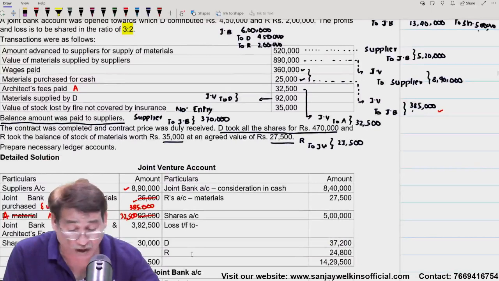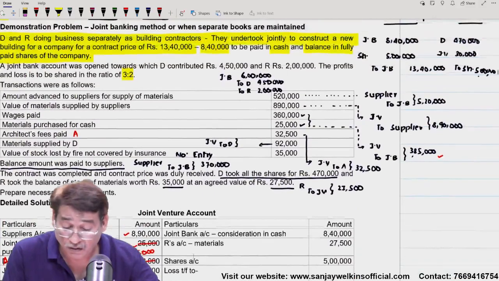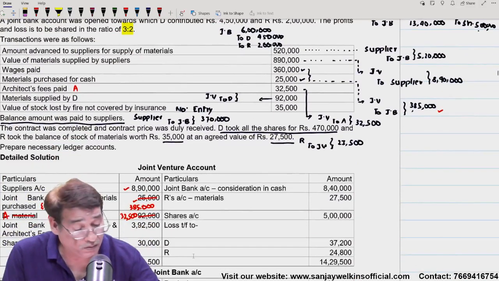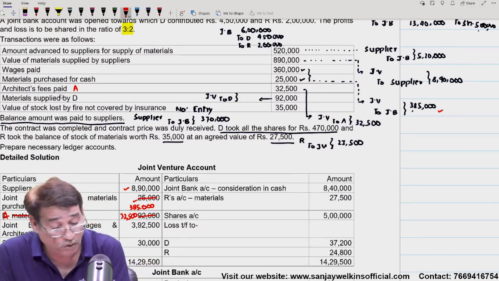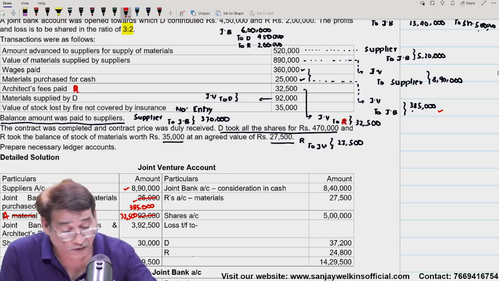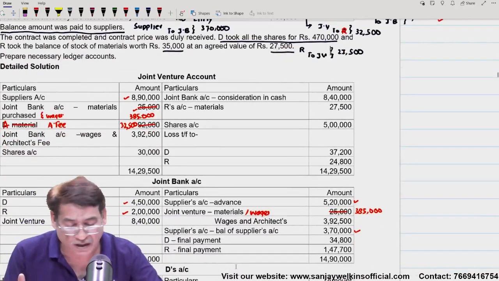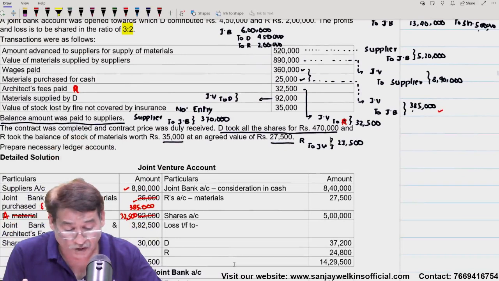And in A's account, actually in this question there are D and R partners. So you write here architect fee paid by R. I have written A here. Okay, no worry about that. Ultimately, we have to understand the question. No problem. Just wait.